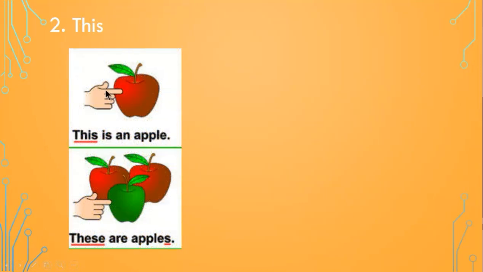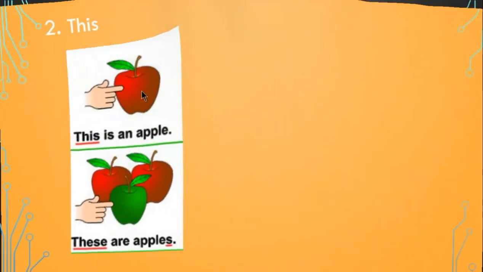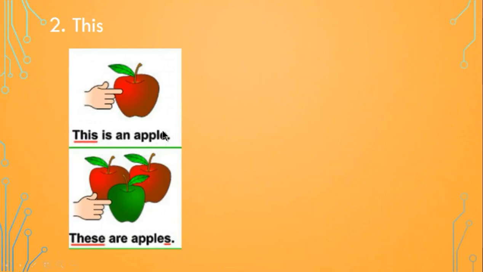When any thing or any person is near, at that time we use this. See, this finger is near the apple. So what is written? This is an apple. The finger is near this apple, that's why we wrote this is an apple.